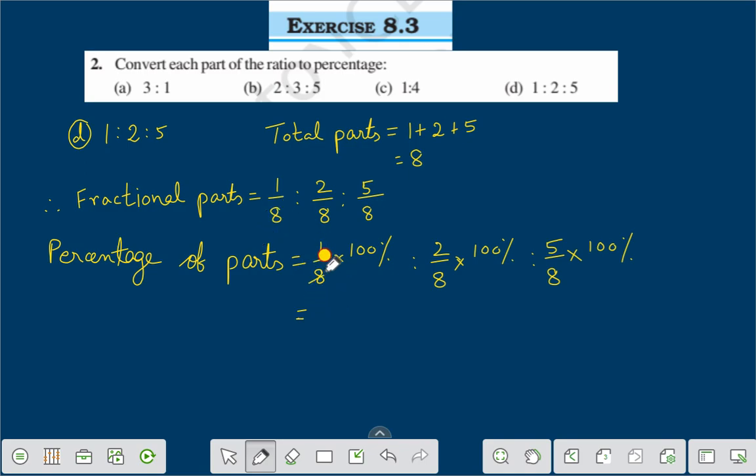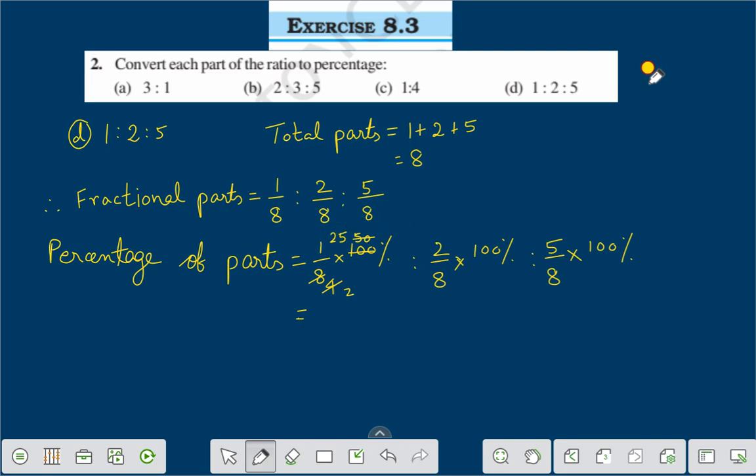If we cut this one by 2, 2 4s are 8, by 2, 2 5s are 10, it is 0. Again by 2, 2 2s are 4, and 25 4s are 100. The first one is 25 by 2.